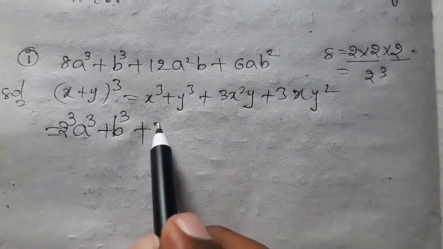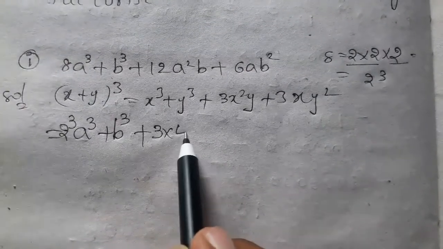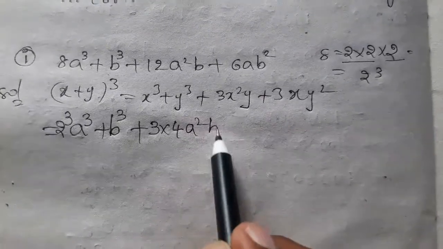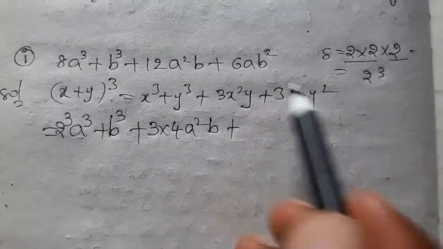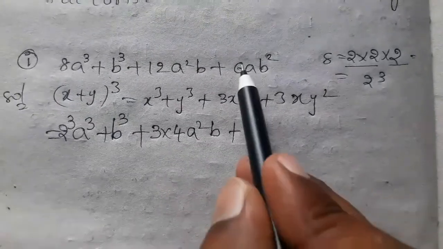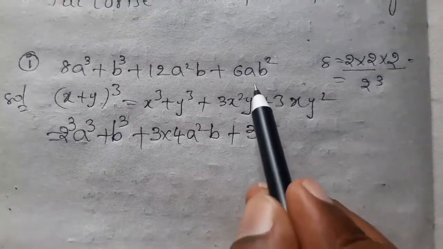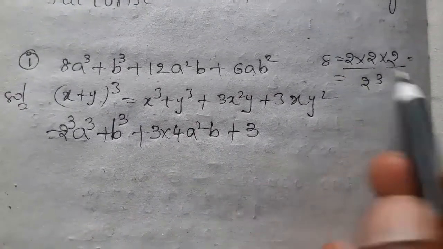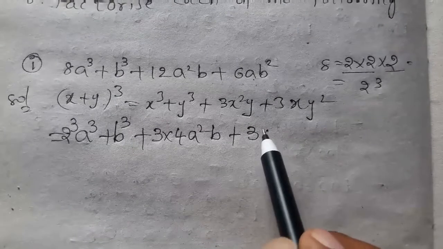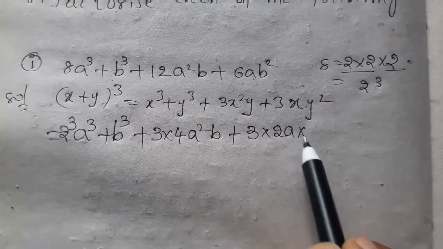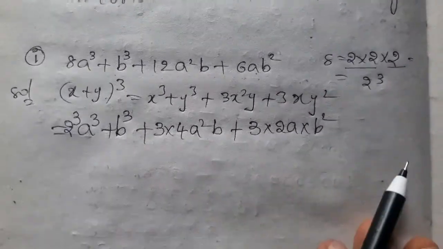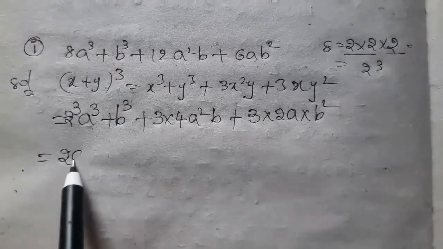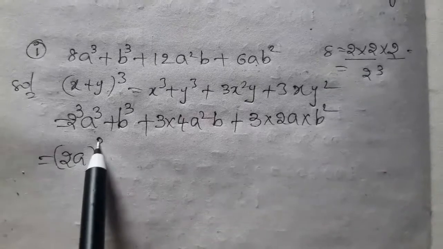That means 3 into 4a square into b plus 3ab square. That means 3, and a value is how much? 2a, isn't it? 3 into 2a into b square. See, this can be written as (2a) whole cube.